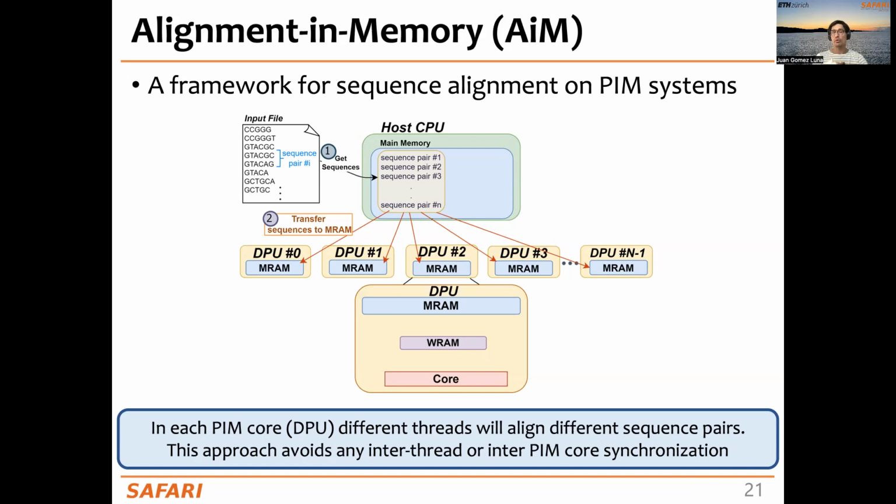This way we avoid any sort of inter-thread or inter-PIM core synchronization, because it's an embarrassingly parallel implementation where each thread can directly operate without having to coordinate with other threads or other cores.